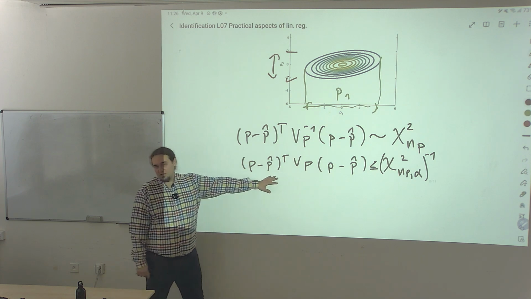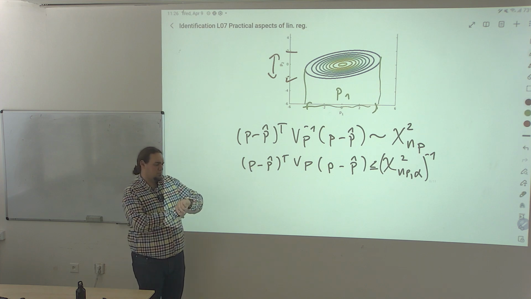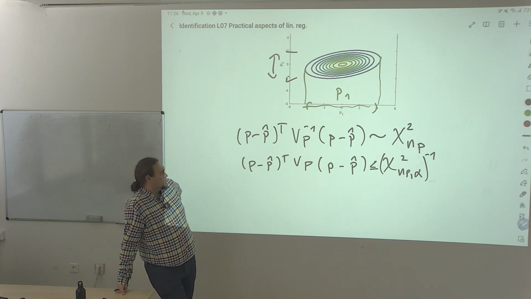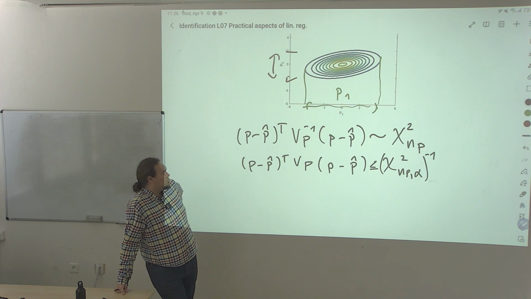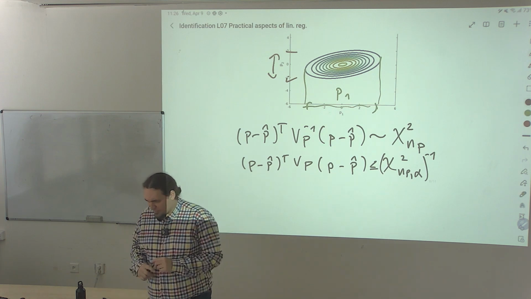Then basically this is nothing else than the equation of an ellipse. Probably I will get to it next time, how to plot this, because we have 15 minutes and it probably won't be enough.